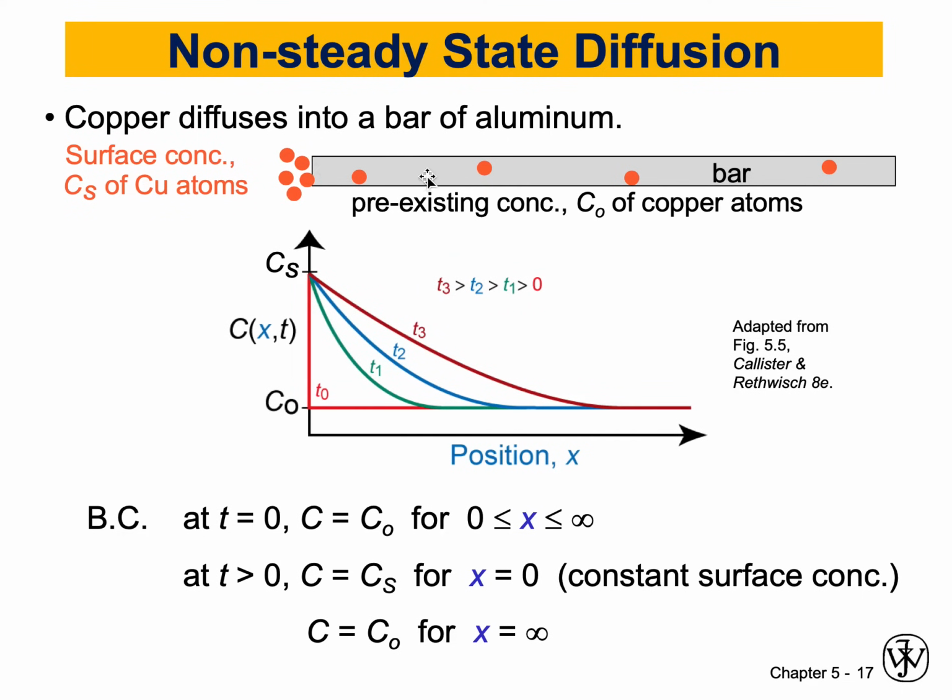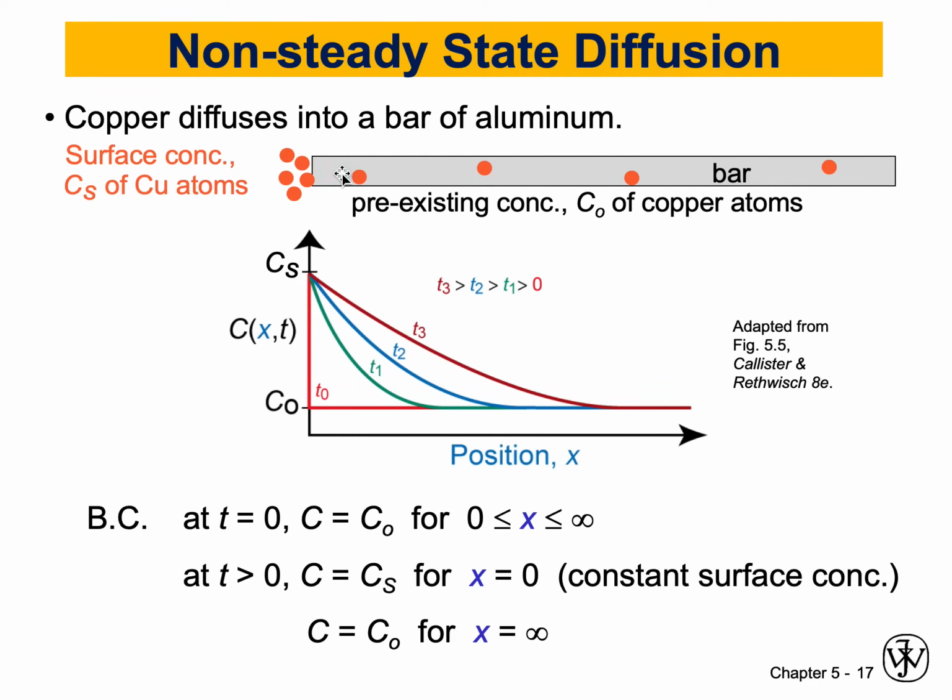The first assumption is that the bar has a limited, predetermined length, and also we have a pre-existing concentration of copper around the bar on this side at x. This is x equals 0 and this equals infinity.